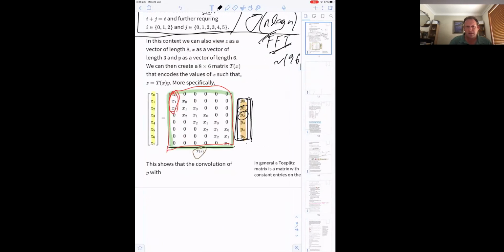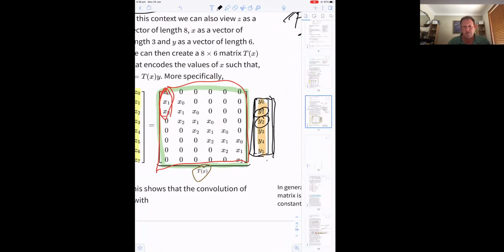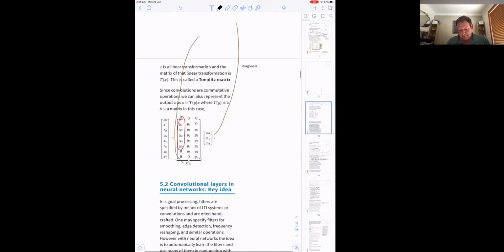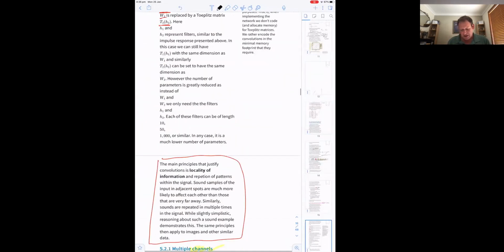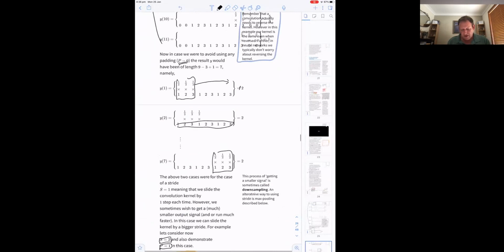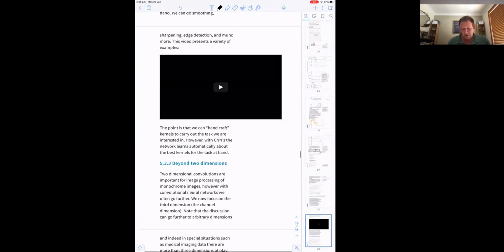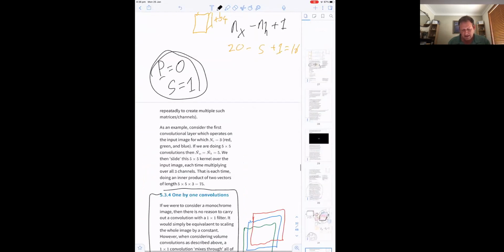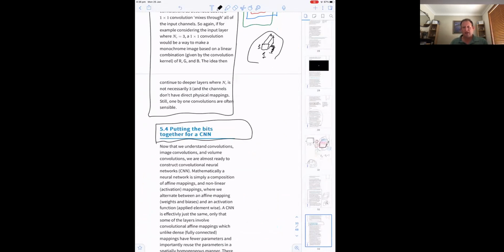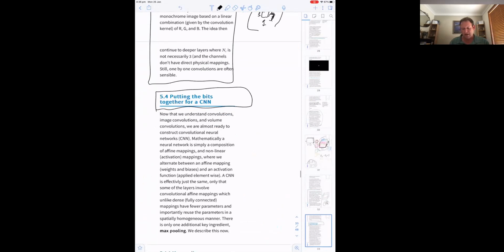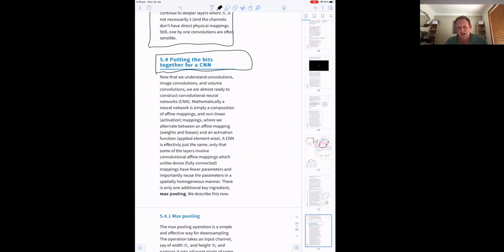This is a one-dimensional case, but the principle carries over. Toeplitz matrices are sparse and low dimensional in their parameterization. So far, a convolutional neural network is exactly like a fully connected network, only with sparse repeated matrices. You can effectively write it like that, though you shouldn't from an implementation perspective, because it'll be much less efficient.